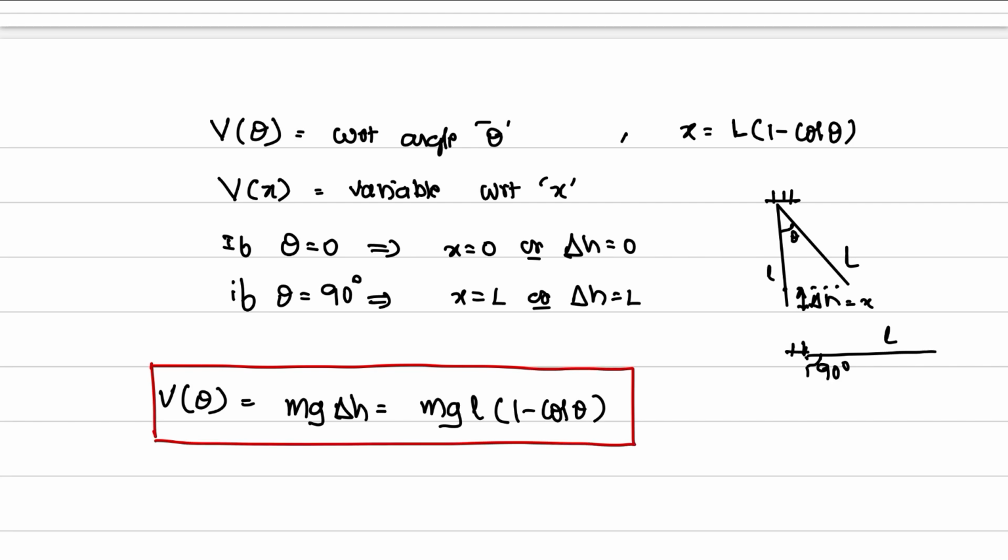What will be the first derivative? dV by d theta is equal to d by d theta of mgL into 1 minus cos theta. I think everybody should be able to do simple derivatives.